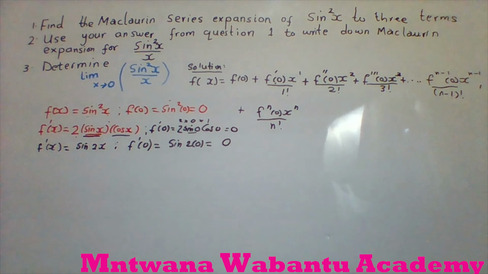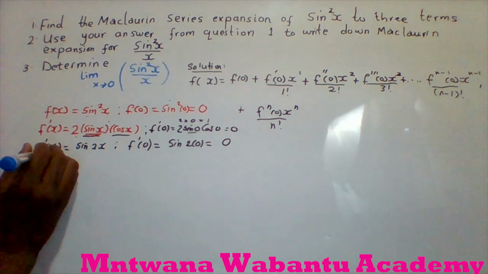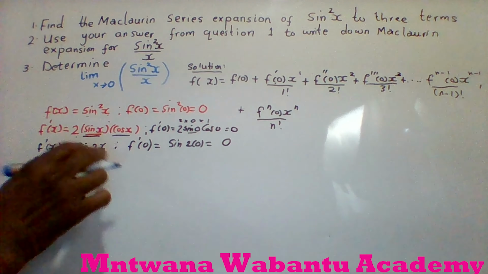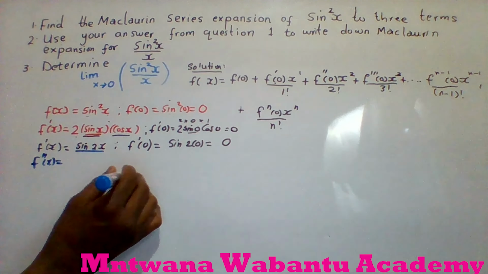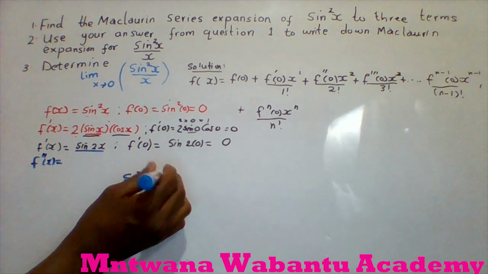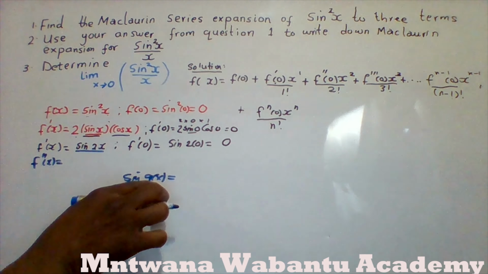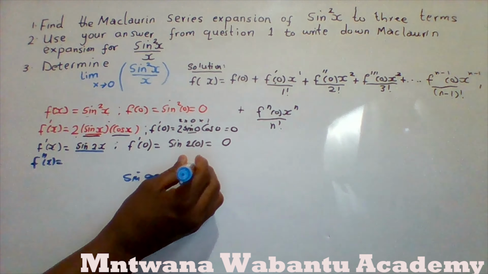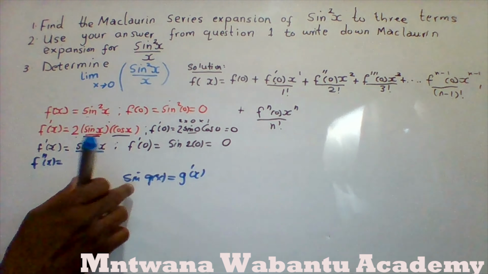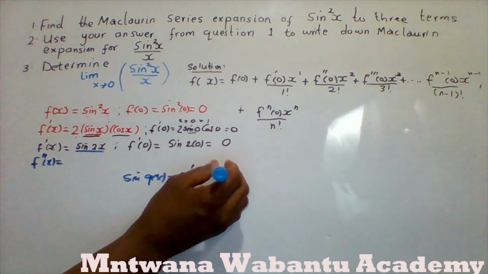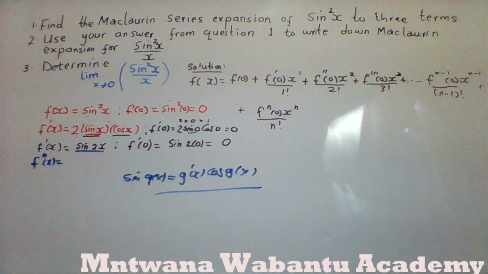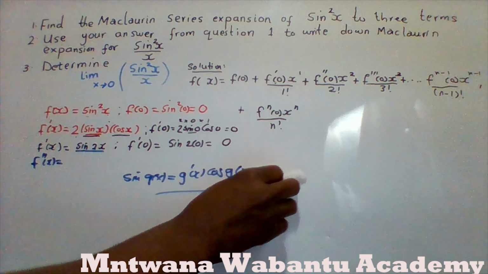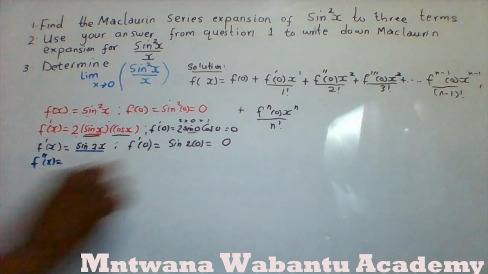It's optional. Now let's go for the second derivative. So I have to differentiate this. If somebody gives you sine of g of x, you differentiate the function which is in here, which gives you g dash right behind, and then when you differentiate sine, you get cos of your angle. I could have done the same thing here.